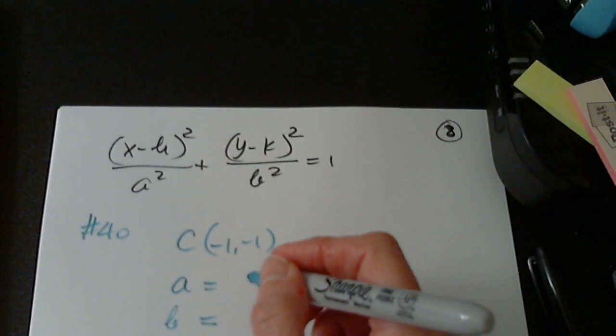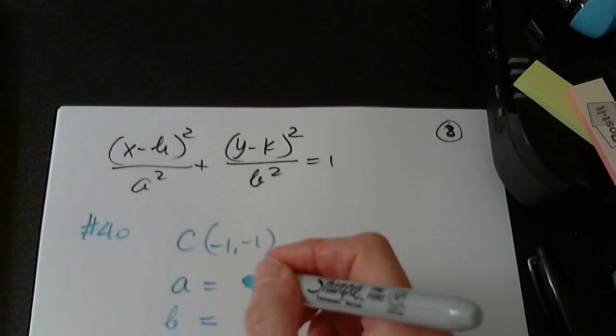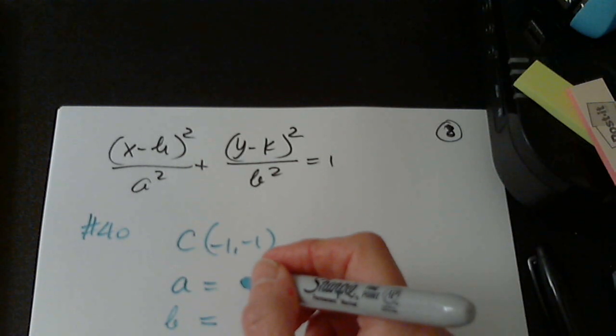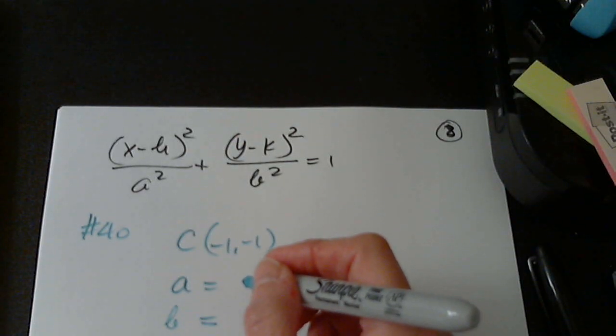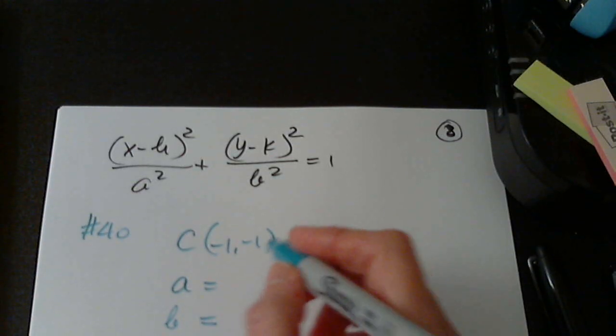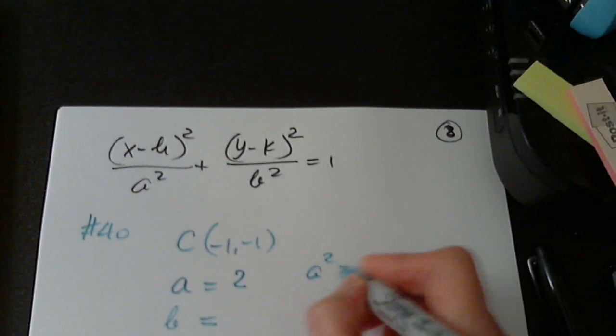So how big is A? Would it be 4? That's the entire major axis. I agree, from -3 to +1. Exactly. So then A squared equals 4.